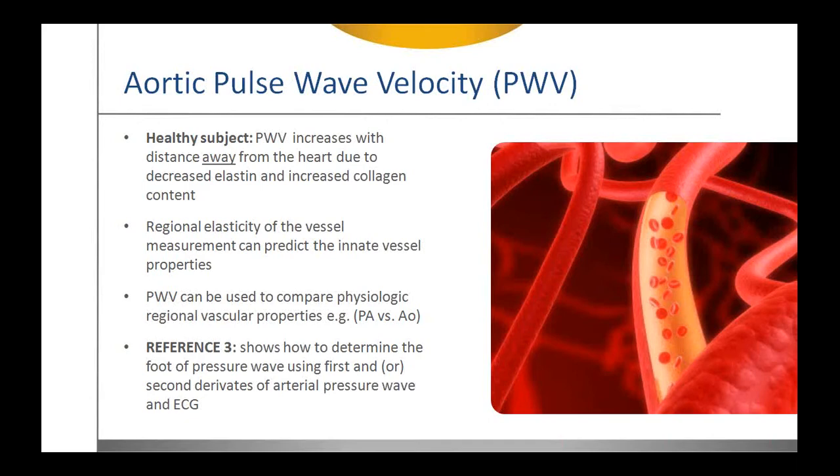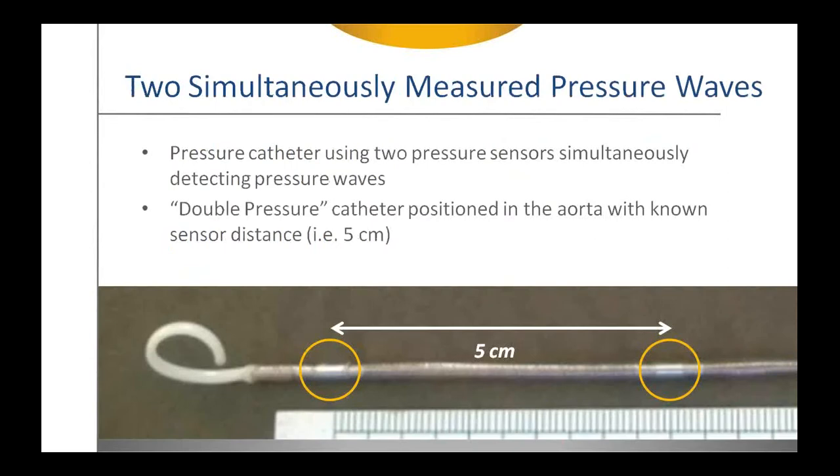When the elastin versus collagen ratio in the ascending aorta changes, or during remodeling, as collagen increases in the ascending aorta or on both sides, the pulse wave velocity increases. Other applications are, for example, that pulse wave velocity can be used to compare physiologic regional vascular properties in the pulmonary artery versus the aorta. Moving to the next slide.